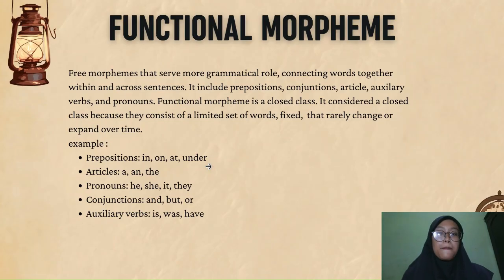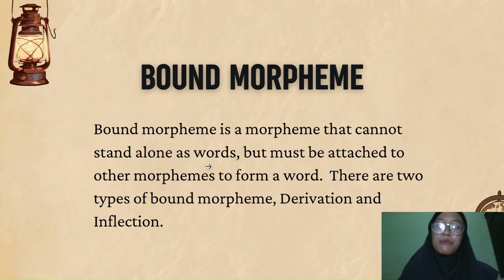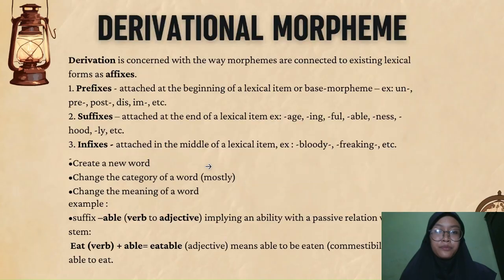Next is bound morpheme. Bound morpheme is a morpheme that cannot stand alone as words and must be attached to other morphemes to form a word. There are also two types of bound morpheme, derivation and inflection. Derivational morpheme is concerned with the way morphemes are connected to existing lexical forms as affixes.